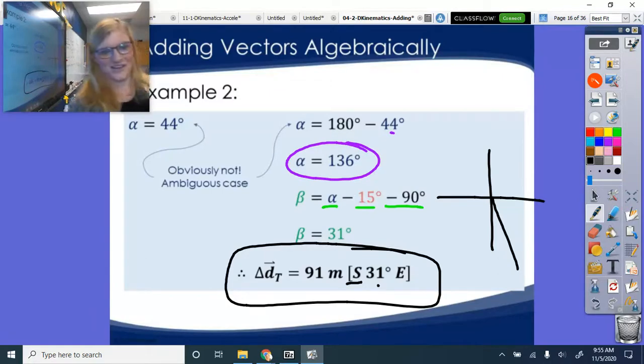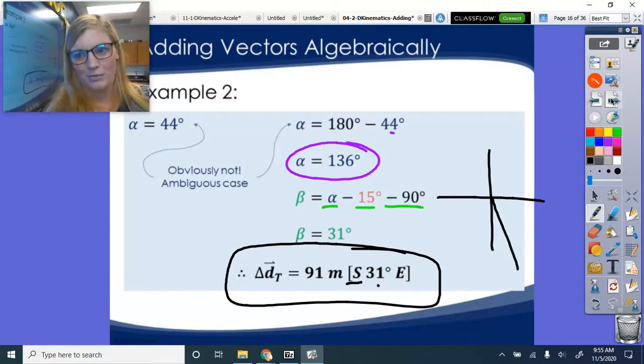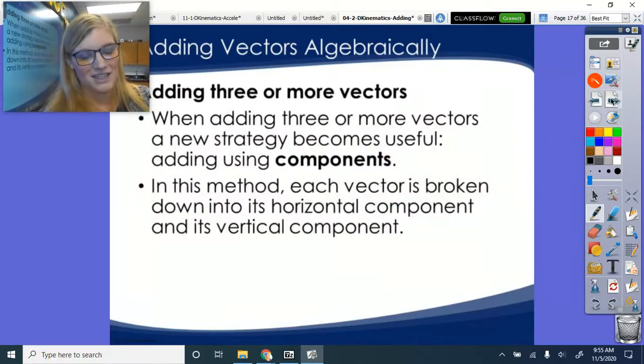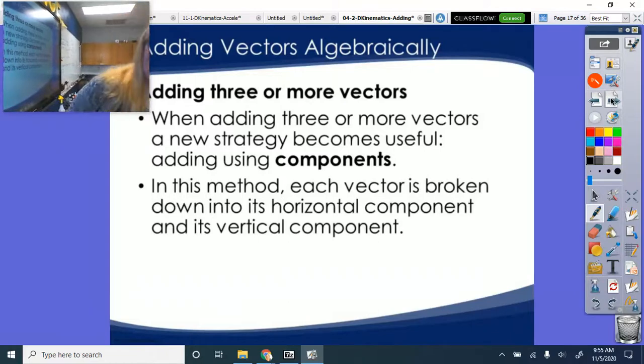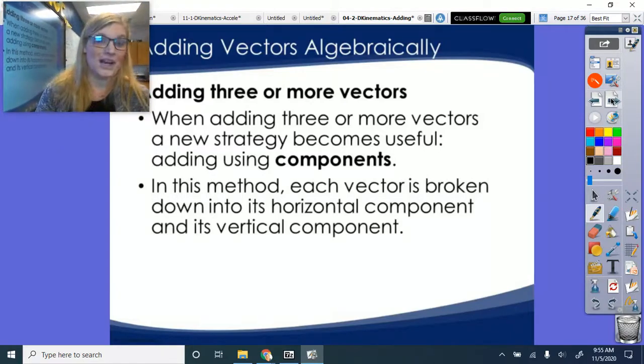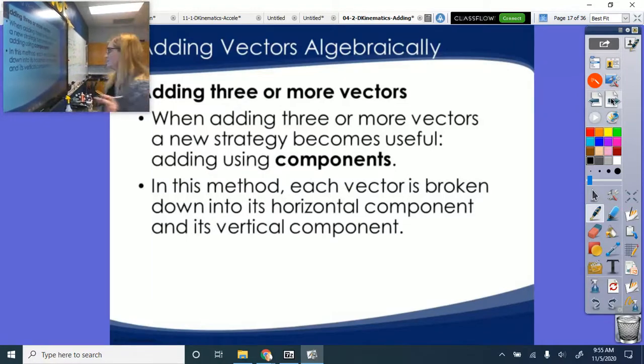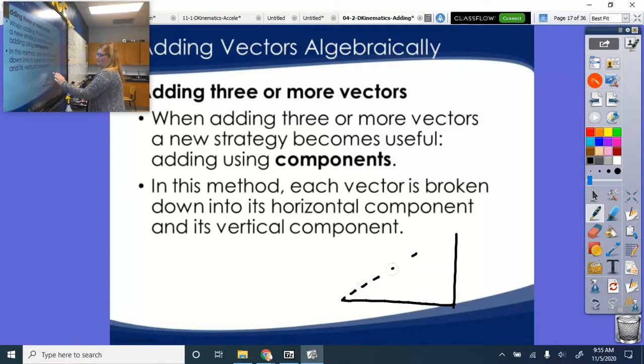However, there are other ways that are also mathematically helpful. So let's go and get to our component vectors. So when we're adding 3 or more vectors on this example, we want to actually use the components. So in every triangle, we have a horizontal line and a vertical line, and they're attached by some line at an angle.